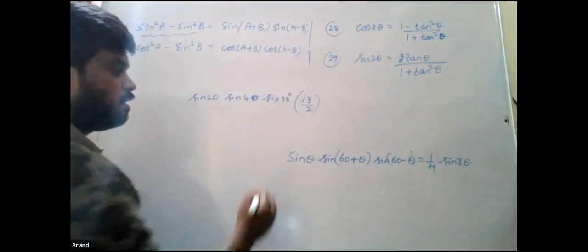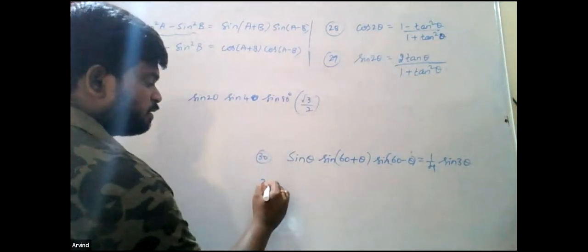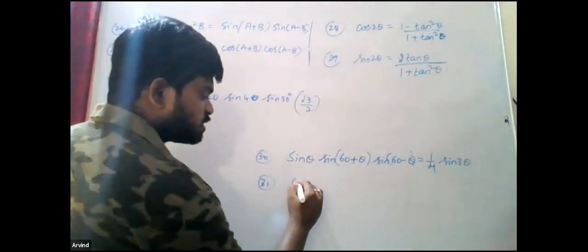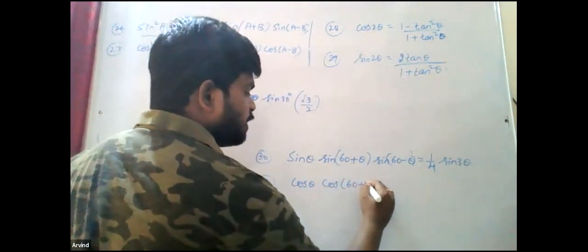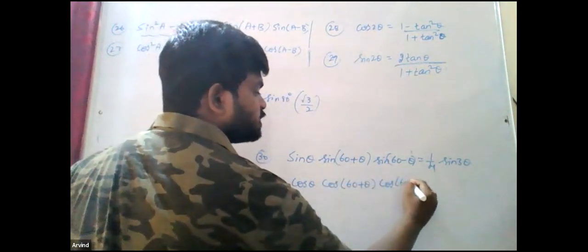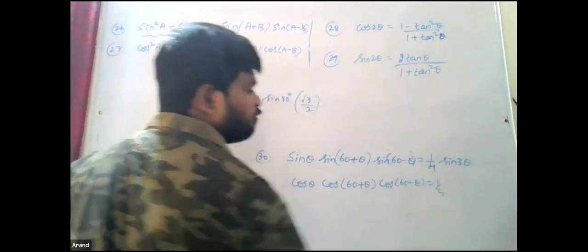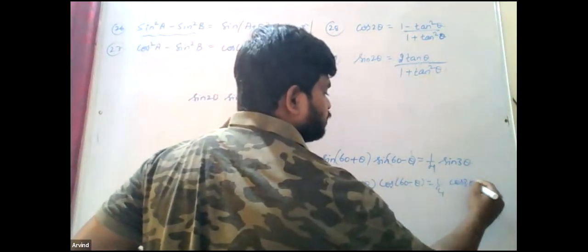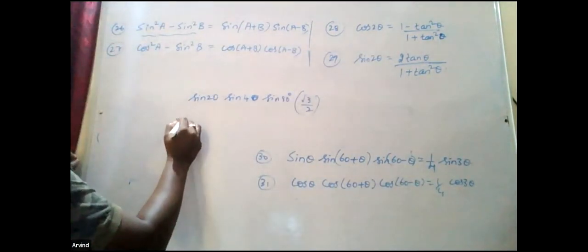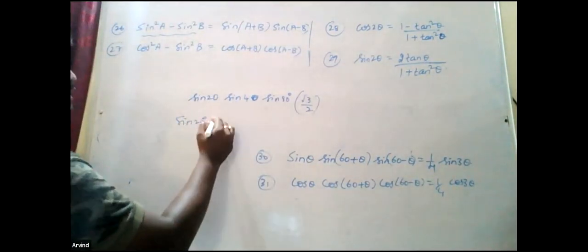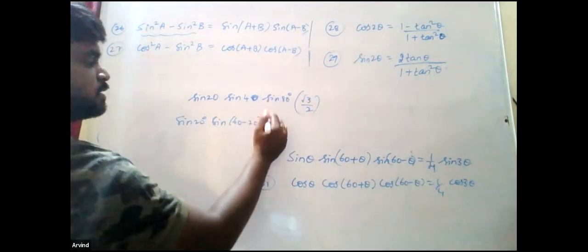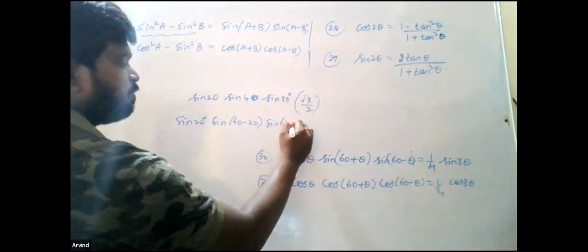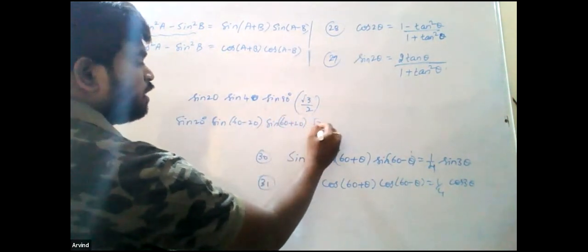These are formulas. 30th formula. 31st is the same thing. Cos also the same. Cos theta into cos of 60 plus theta into cos of 60 minus theta, you can write it as 1/4 cos 3 theta. So using that, observe, take this as theta. So sine 20, this is sine 60 minus 20, this is sine 60 plus 20, √3/2 stays as it is.